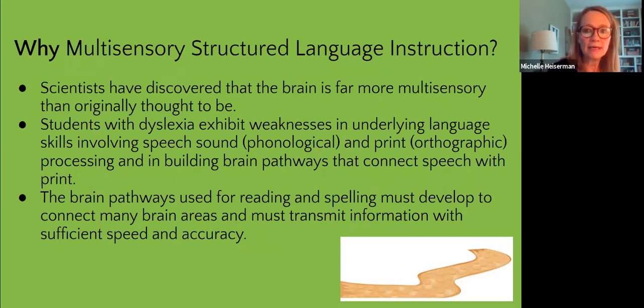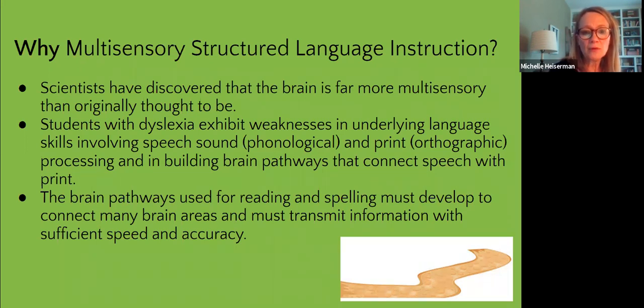Old models of the brain had it much more compartmentalized, with specific regions specializing in specific modalities. Now we know that the brain operates much more holistically, and it's actually multisensory in nature. Students with dyslexia exhibit weaknesses in underlying skills which involve speech sound and print processing, and in building the brain pathways that connect speech with print.